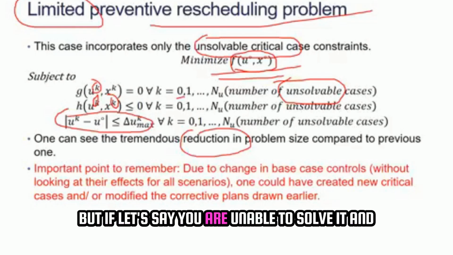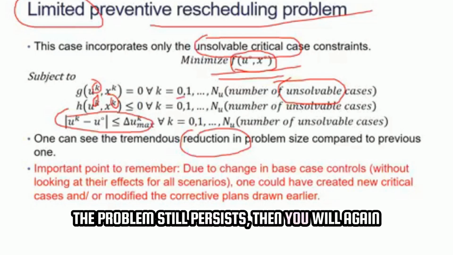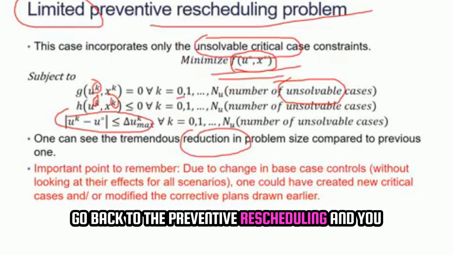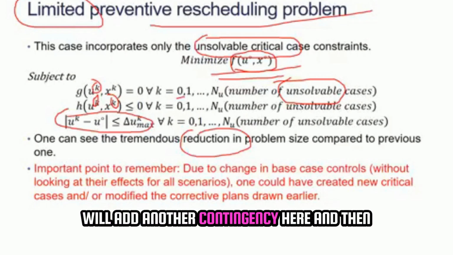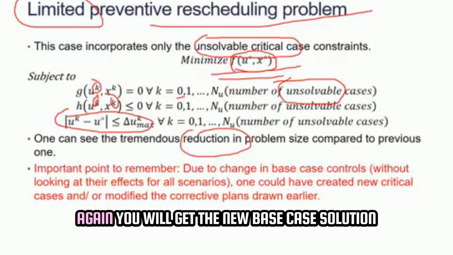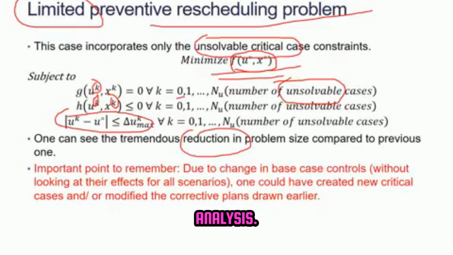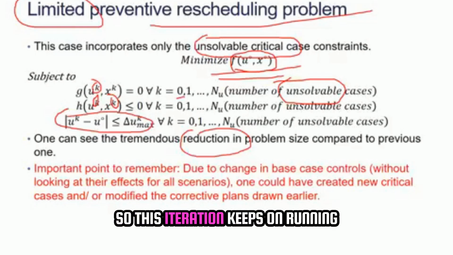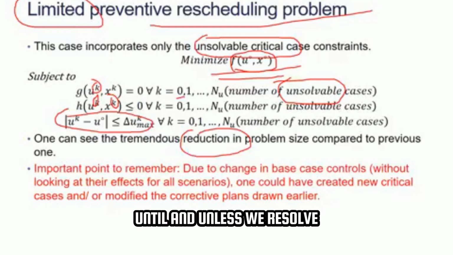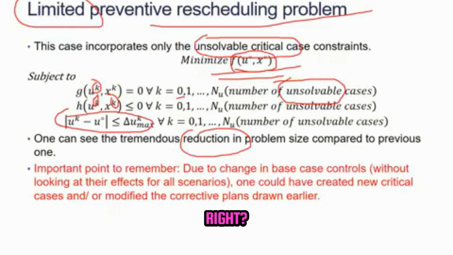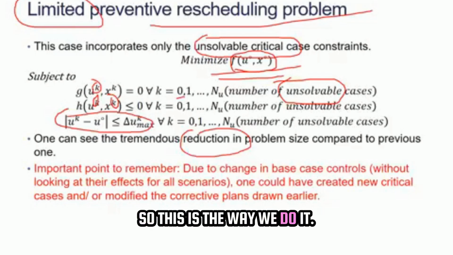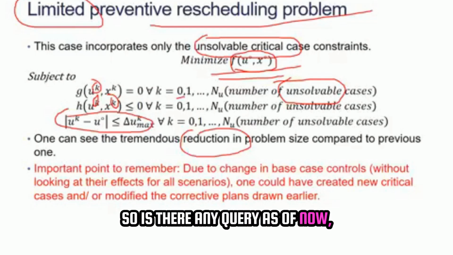But if you are unable to solve it and the problem still persists, then you go back to the preventive rescheduling and add another contingency, get the new base case solution, and again perform the security analysis. This iteration keeps running until we resolve all the critical contingencies. So this is the way we do it. Is there any query as of now?